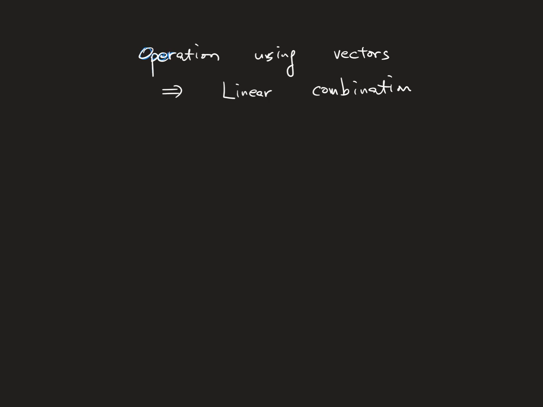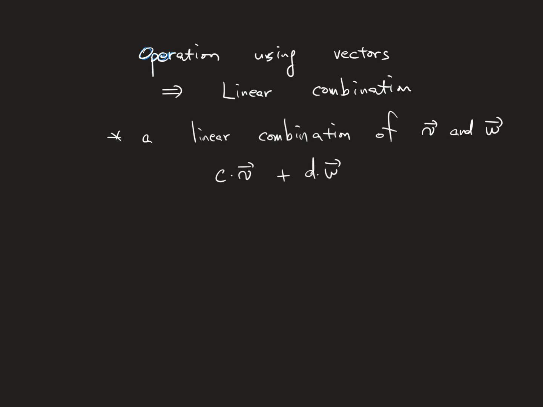A linear combination of vectors v and w is c times the v vector plus d times the w vector. This is called a linear combination of v and w.